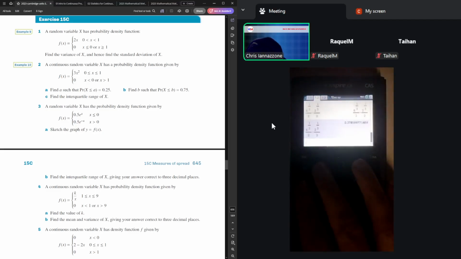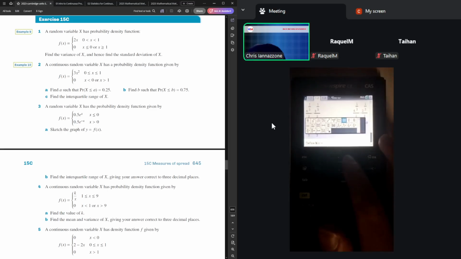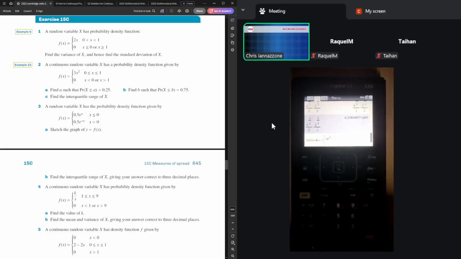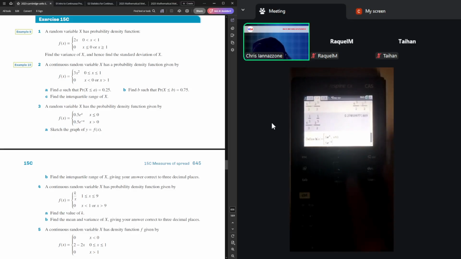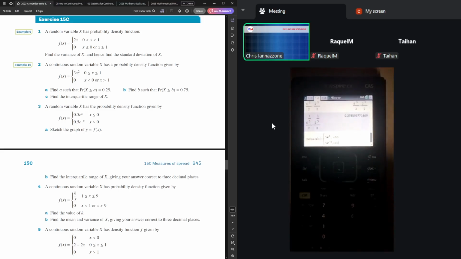Actually, I wonder if I make this a piecewise, will it sketch nicely? 0.5 e to the x for x less than or equal to 0, and 0.5 e to the minus x for x greater than 0. H of x.